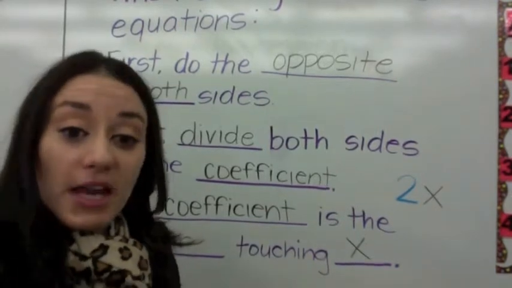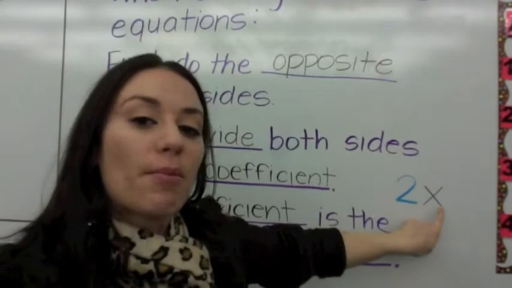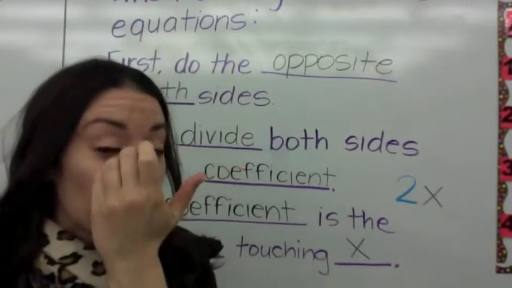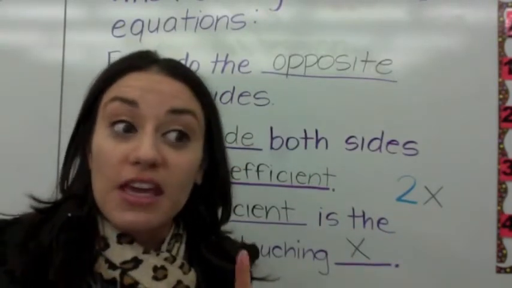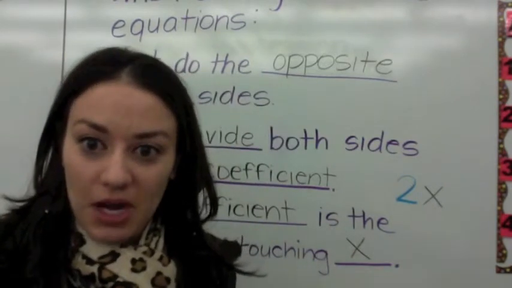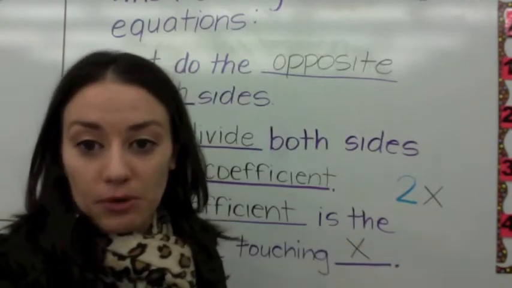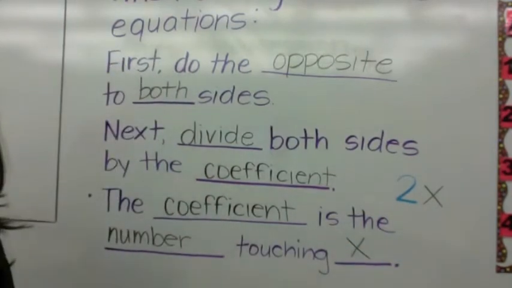The coefficient is the number. So it's 2. And x, remember what x is called? It's a letter. What's another word for letter? It starts with a V. Anybody? It's a variable, right? So this is the coefficient and this is the variable. Go ahead and get that down.